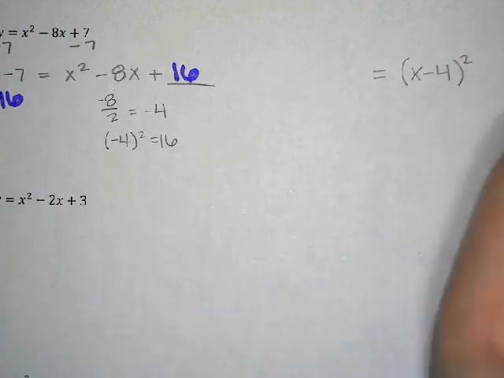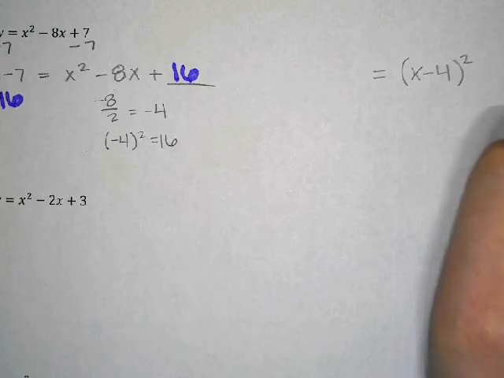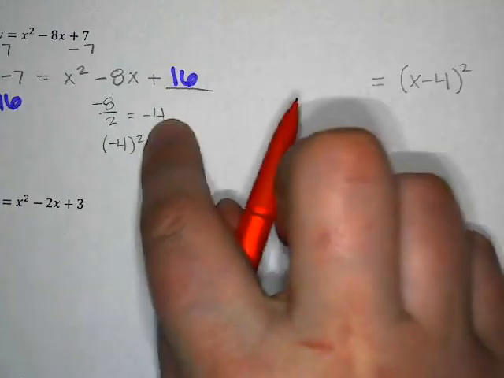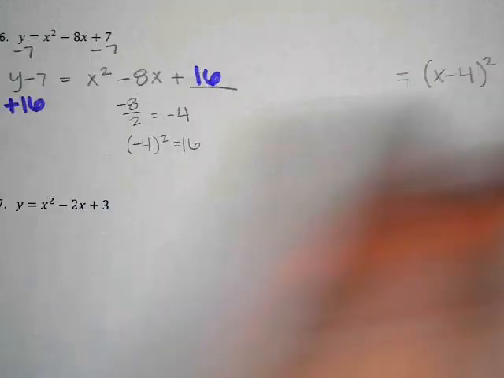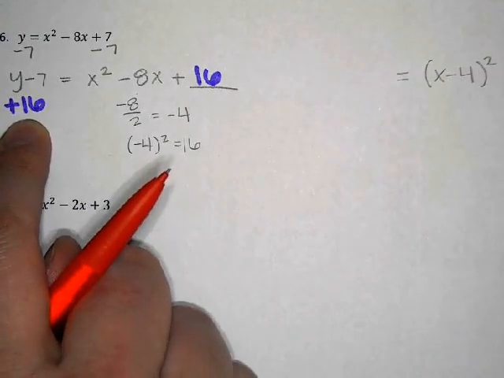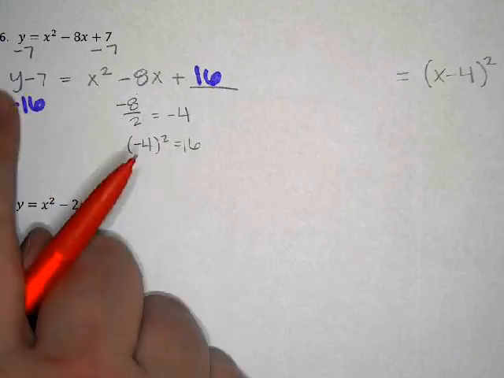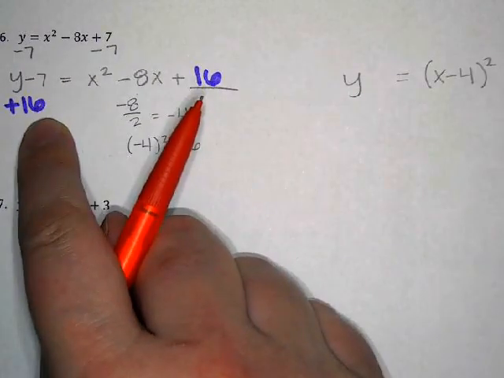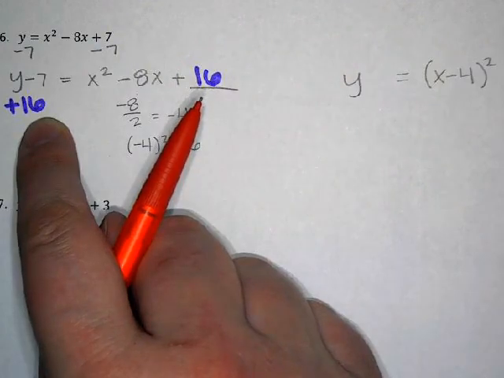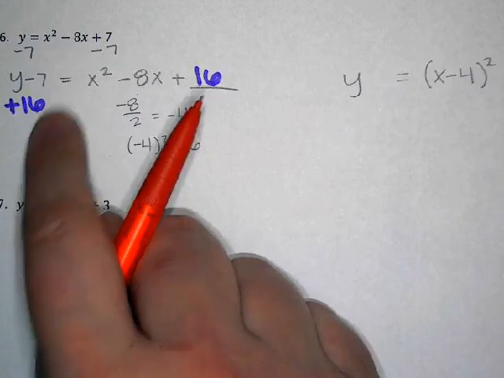Whatever I got when I divided by 2, that goes in my parentheses. On this side, I just have to combine my numbers. I've got the y, and then I've got negative 7 and positive 16. What does that give me? It gives me positive 9.